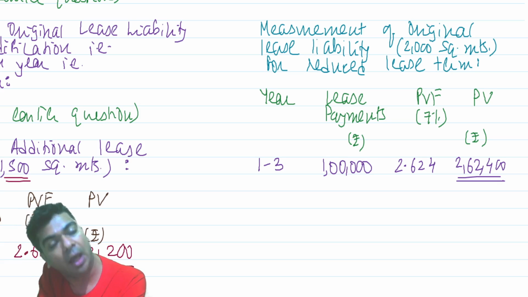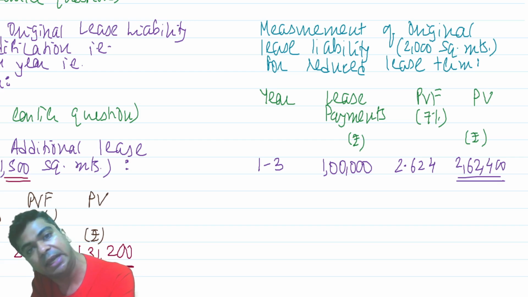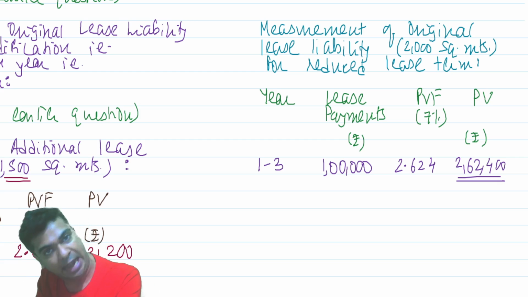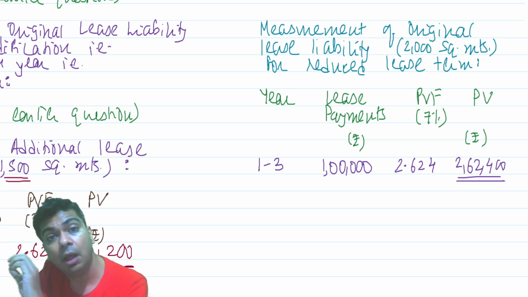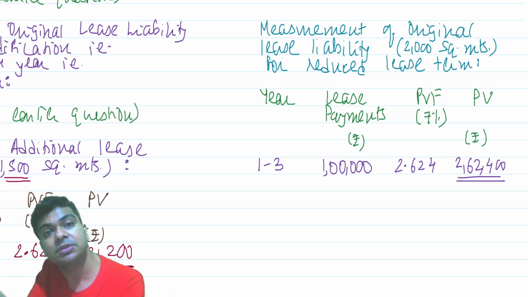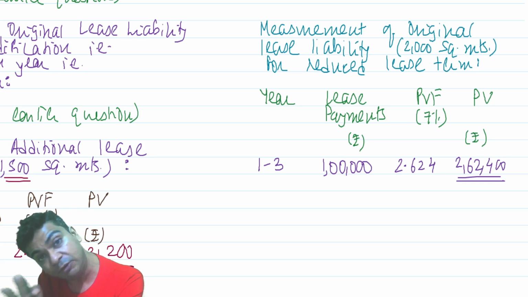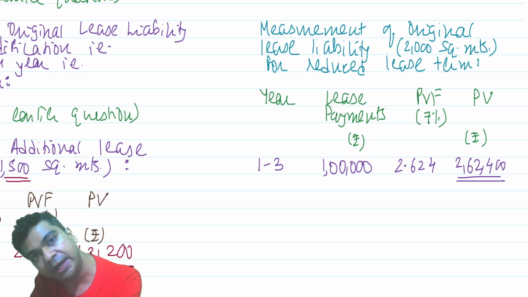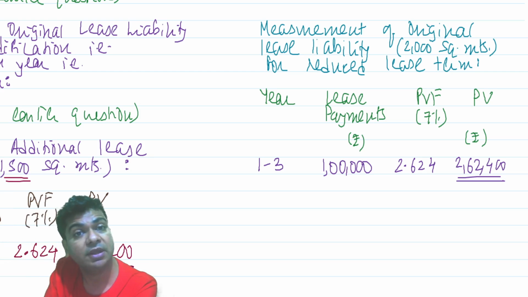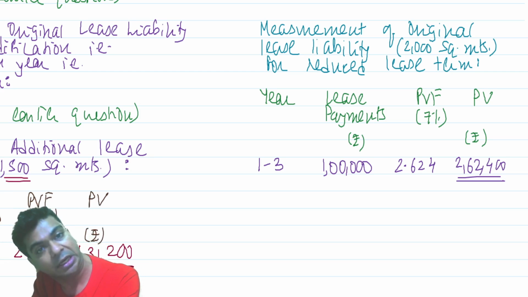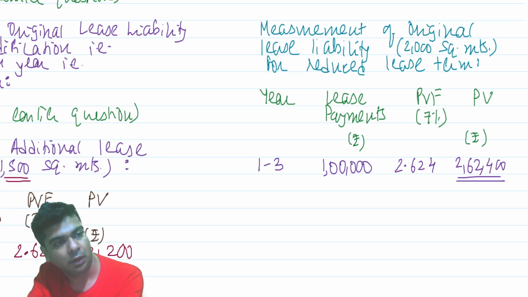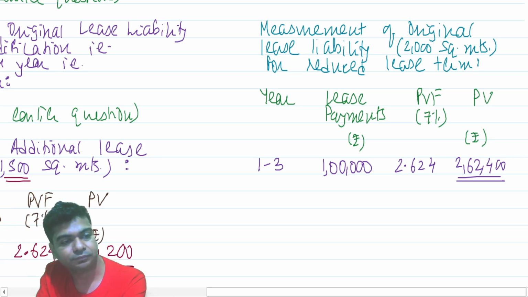So the balance of the ROU asset also needs to be adjusted. Again, I am repeating, all these calculations we are doing only for the original 2000 square meters. 1500 square meters is already taken care of, right? It was the additional liability which we have already taken care of. We are now giving effect only for the reduction in the lease term.